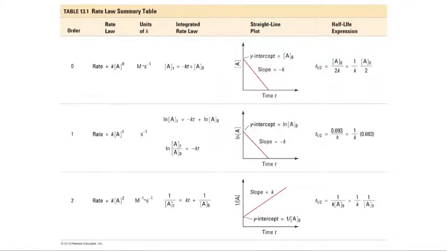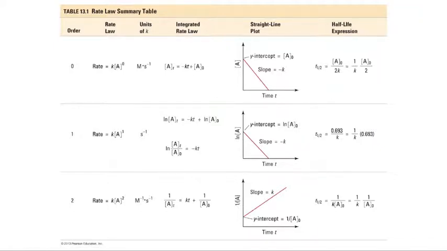For first order reactions, shown in the middle, we have natural log of A versus t that yields a straight line. And you notice the equation is written in two different forms there. The top one is the y equals mx plus b form, and probably the one you want to focus on. The bottom one is just a condensed version that really, for our purposes right now, doesn't help us a lot because not everybody's comfortable with the laws of logs.